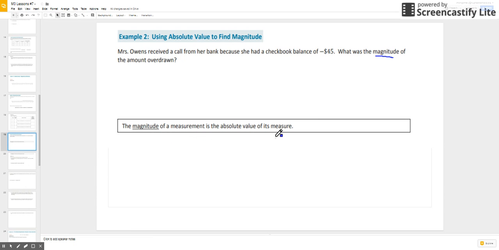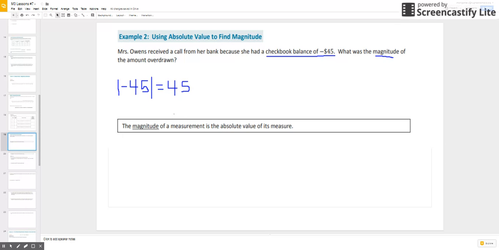In this case, we have a checkbook balance of -45. So that's the measurement. We want to find the absolute value of -45, which is equal to +45. That is the magnitude of her checkbook balance. So Mrs. Owens' withdrawal on her checking account had a magnitude of $45.